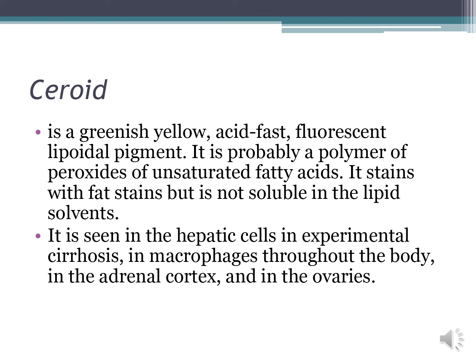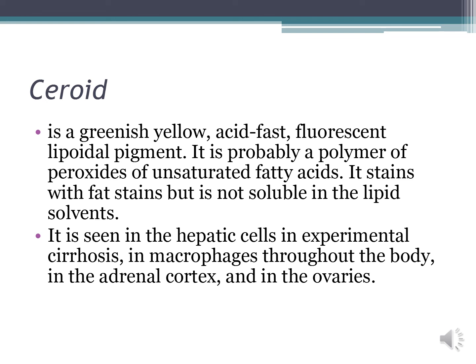And another pigment, ceroid. It is a greenish-yellow, acid-fast, fluorescent lipoidal pigment. It is probably a polymer of peroxidized unsaturated fatty acids. It stains with fat stains, but is not soluble in lipid solvents.